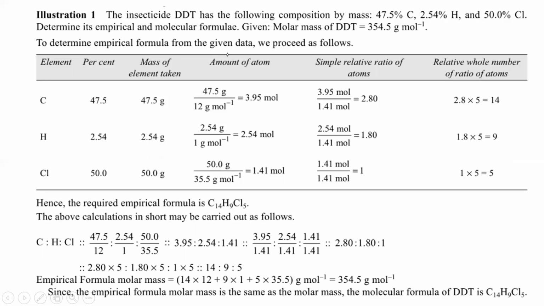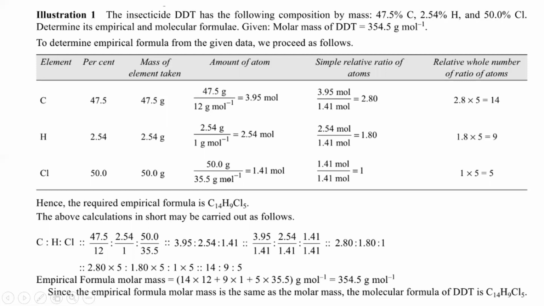So 47.5 by 12, the respective element divided by its atomic weight, is equal to 3.95 moles. Similarly, for hydrogen, 2.54% is given, so 2.54 by 1 is 2.54 moles. Similarly, chlorine is given as 50, so 50 grams by 35.5, the atomic mass of chlorine. You should not take molecular mass; you should take only atomic mass. So that is 1.41 moles.